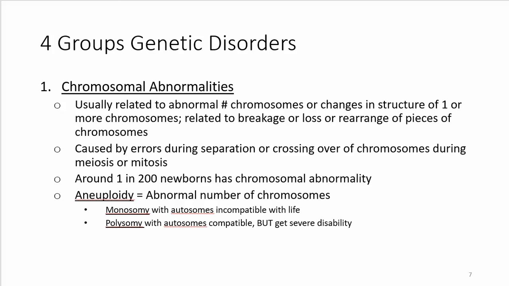So, in the chromosomal abnormalities, there is usually an abnormal number of chromosomes, or pieces of chromosomes are lost. There's a break, or a substitution or something, where the chromosome itself is in error, and the error happens during the crossing over and during meiosis and mitosis.